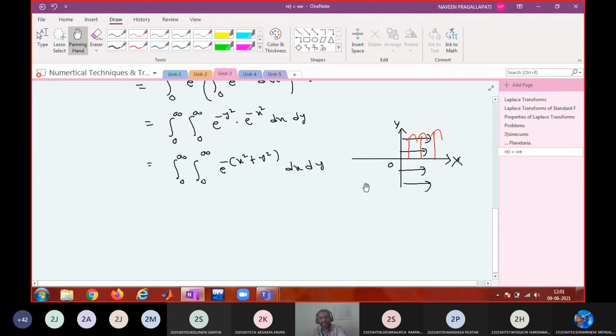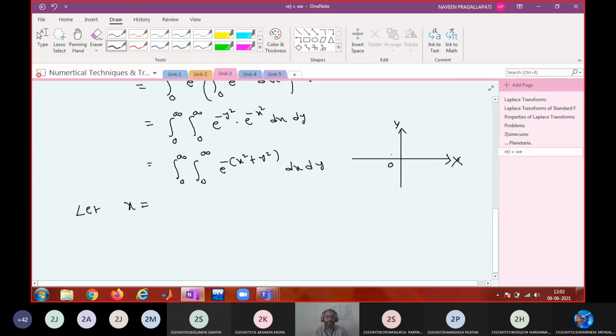So when the region of integration is the first quadrant, how can you evaluate these limits? You have to take a change of variables, right? You take Cartesian to polar coordinates. What is the change of variables from Cartesian to polar in multiple integrals? x equal to what? y equal to what?